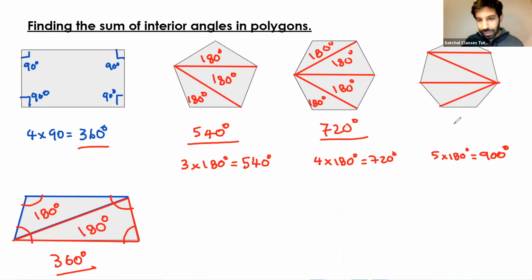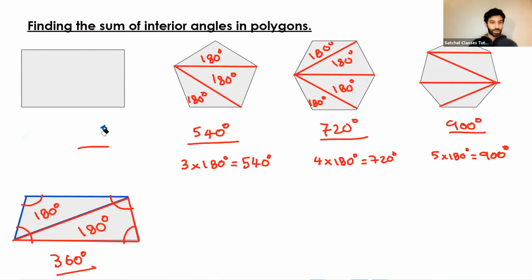So what do we realize? What is the relationship between the number of triangles that we create and the number of sides each polygon has? So in the case of the rectangle, if I just split the rectangle into triangles as well, so I'm just going to rub this out, I can split this up into 2 triangles.